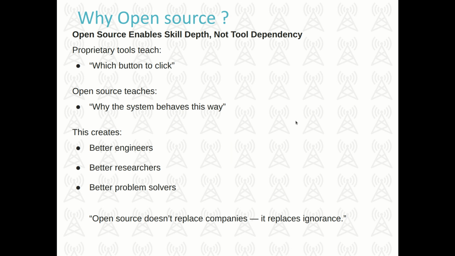So why use open source for 5G? I'm not really sure how many of you have used open source, but you will find that open source by nature is not the ready-made, turnkey type of stuff.